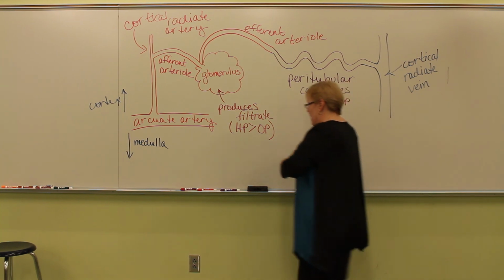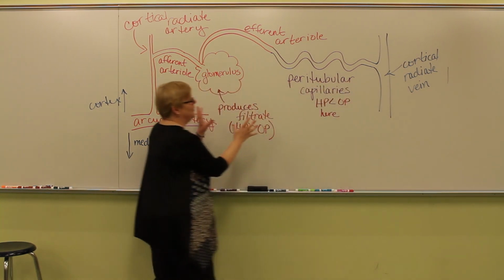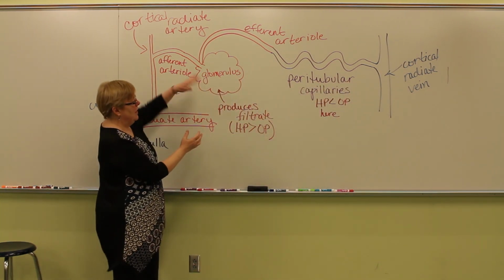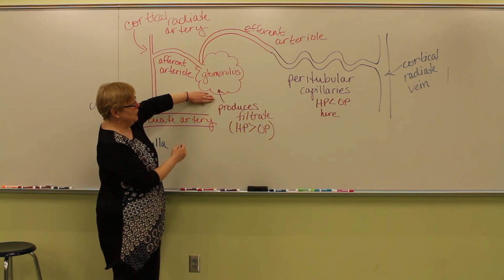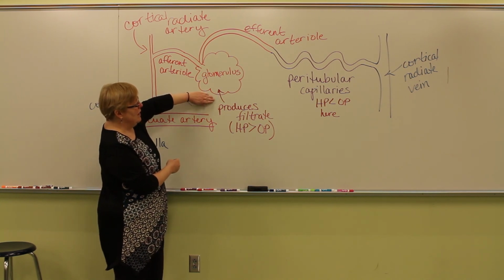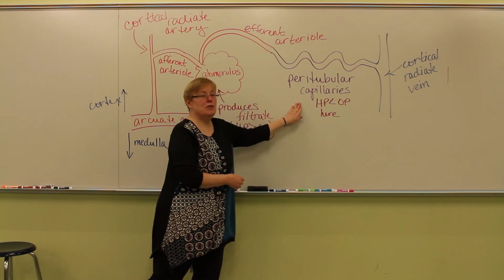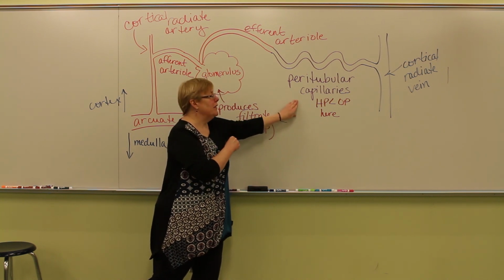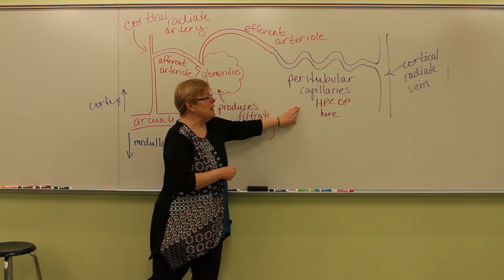So we have this really interesting middle section of the circulation that allows us to filter the plasma and then gives us a mechanism to reclaim material from that filtrate that we need.